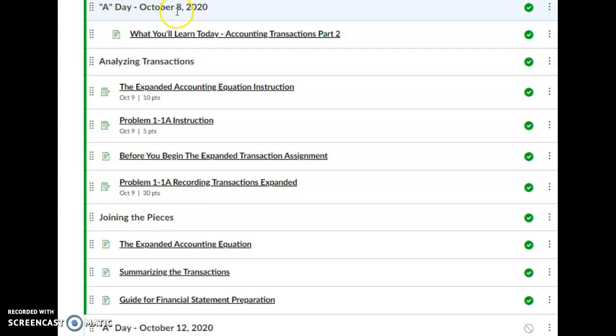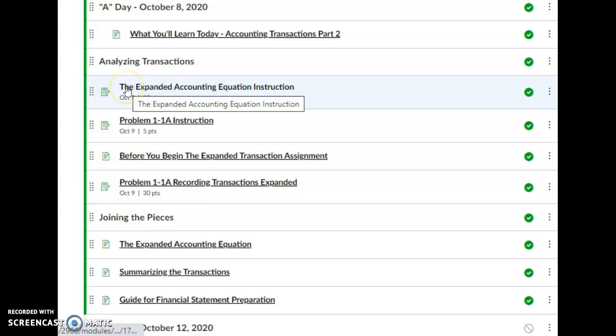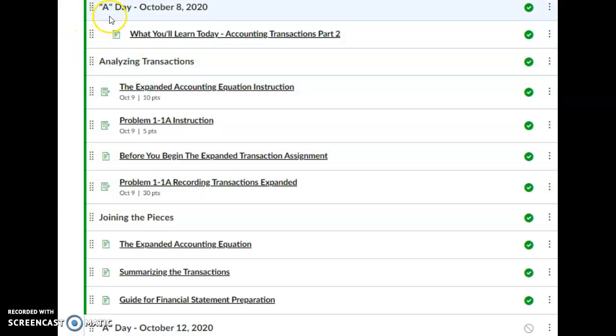Come to the module for the day and look at the information that is here for you, because I put instructions in on how to do the problems, and if you don't follow the instructions, you won't be able to do the problem, or it will be a lot harder than it would be otherwise.